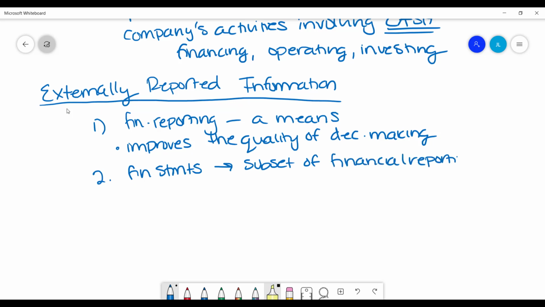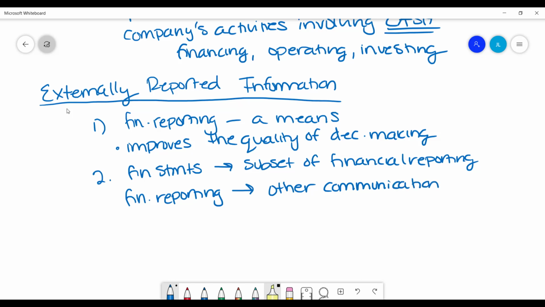Financial reporting overall includes a broader scope of things, right? Financial reporting doesn't just include those financial statements, but it includes other communication to those external parties, because keep in mind, the income statement, for example, isn't the only way that a company is going to be communicating with those outside users, right?